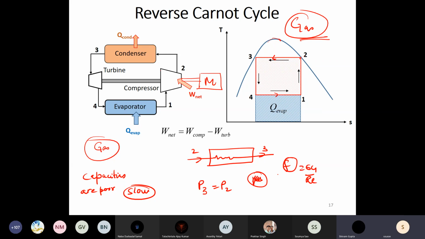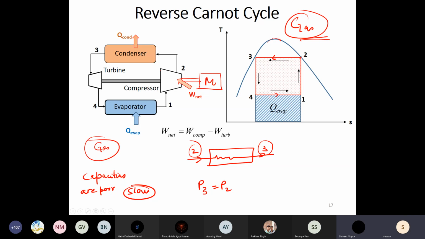So we neglect that, and hence we assume that the pressure of the fluid at the inlet and at the outlet of this heat exchanging tube would be the same, which is of course not the case in a practical scenario. But we move ahead with this assumption, and that's why we draw an isobaric line in case of heat exchanging processes.